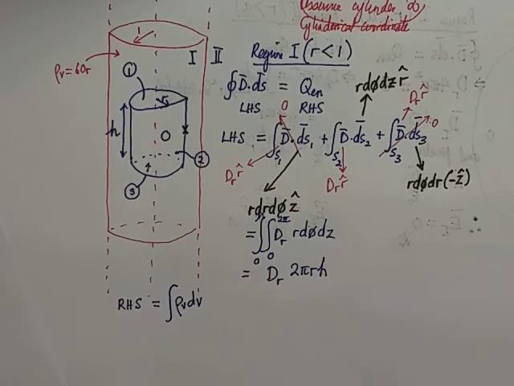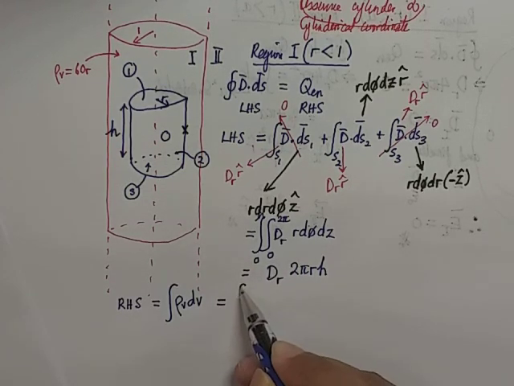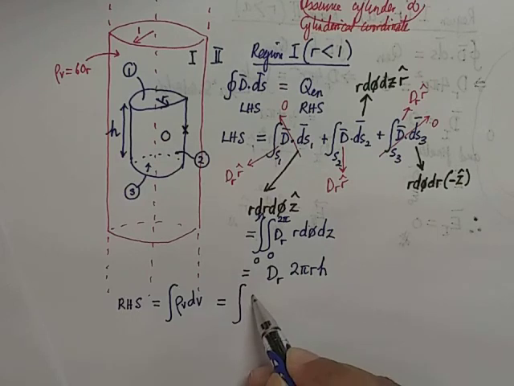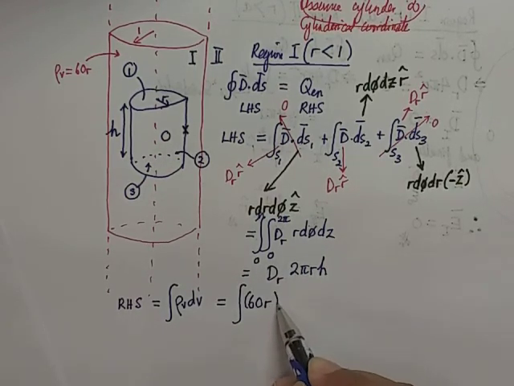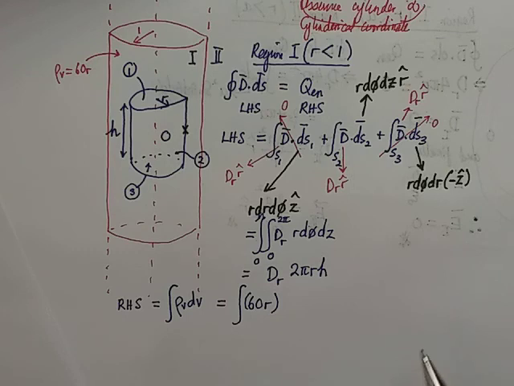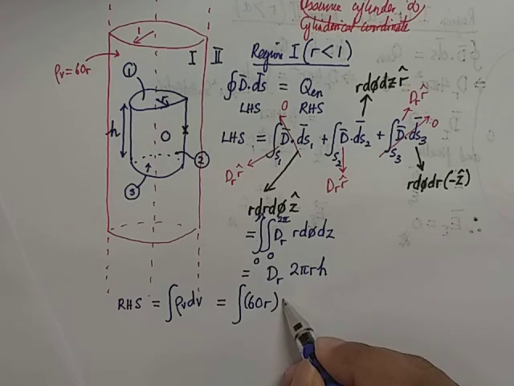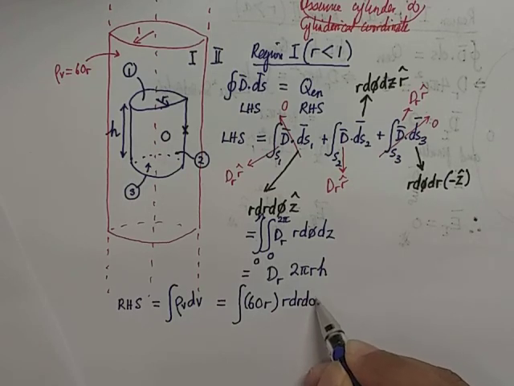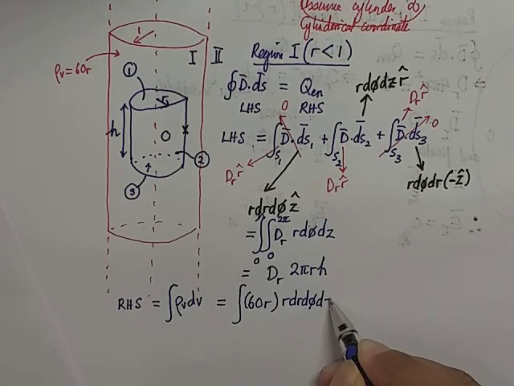Okay, and then we have to substitute properly now. Rho v is not constant. 60 multiplied with r, that should be our rho v. How about the dv? Okay, you can refer to your handout too. It should be r dr d phi dz.